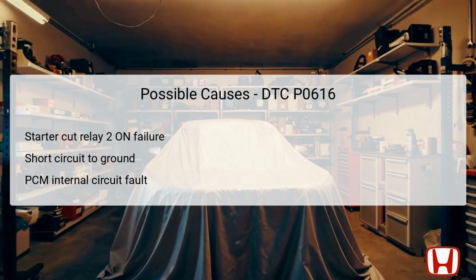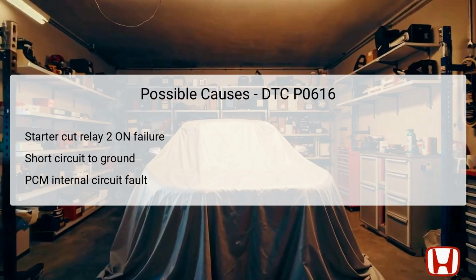There are several possible causes for the DTC P0616, each of which could lead to the malfunction in the starter cut relay diagnosis circuit. One common issue may arise from the starter cut relay 2 circuit failing to activate properly. This malfunction prevents the PCM from receiving the correct signals needed to manage the starter operation.